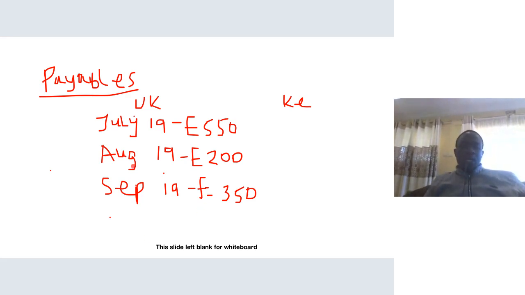But we are given the exchange rates. The exchange rate in July was 70 shillings. So I'm writing them here. It will mean that 1 pound is equivalent to the amount that I'm writing. So in July, we have 70, then in August, we have 80.1.